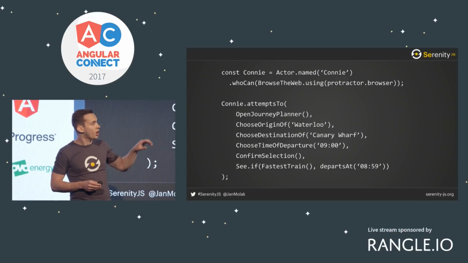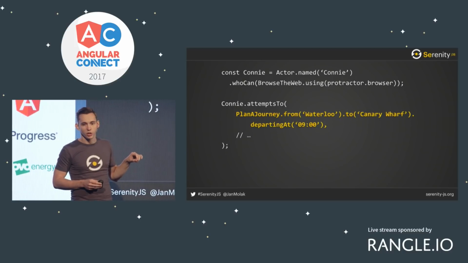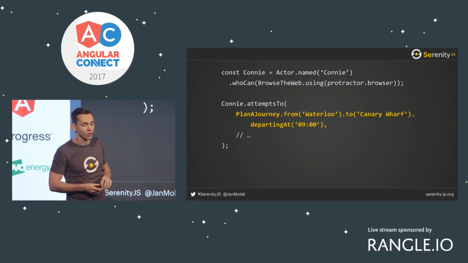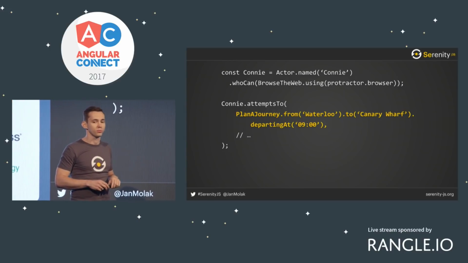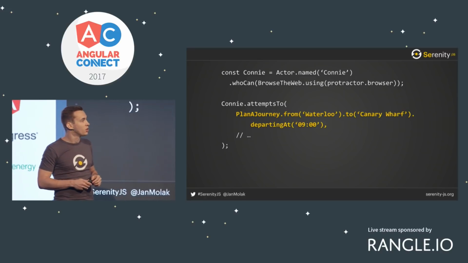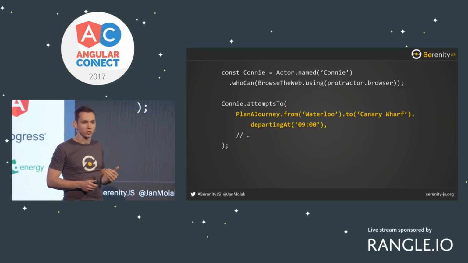So for example, I can also chunk up, so I can take those tasks and create a higher order one. And then I can take it from here. So I can say, actor attempt to plan a journey from Waterloo to Canary Wharf, departing at 9, and buy a ticket. Then see if you can see a map of the connection, see if you can see the time, etc. So this model leads to very reusable, very cheap to maintain code.